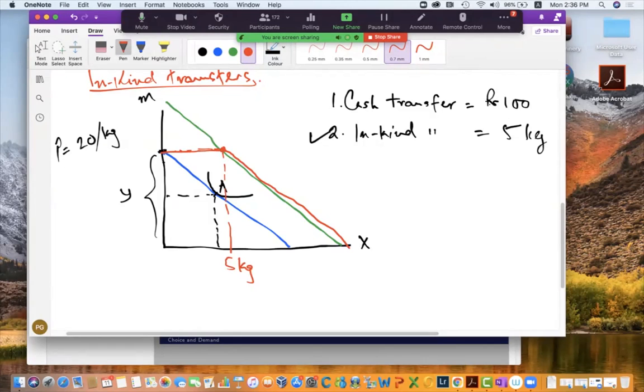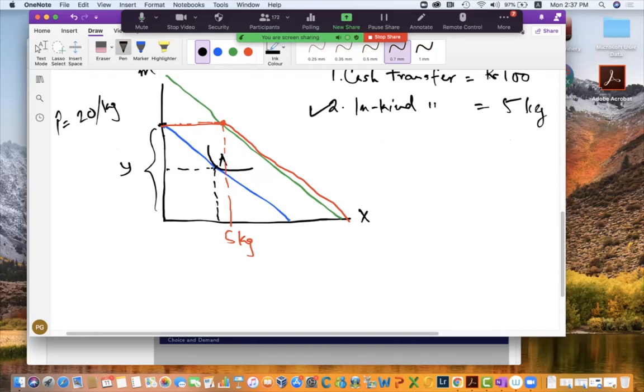Now, the question is, let's go back to the cash transfer case. Under cash transfer and the green budget line, what will the household choose? Well, it depends on where the point of tangency is, right? So I can think of 2 cases.